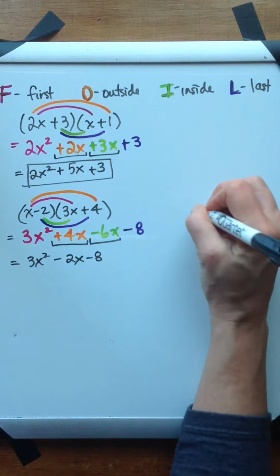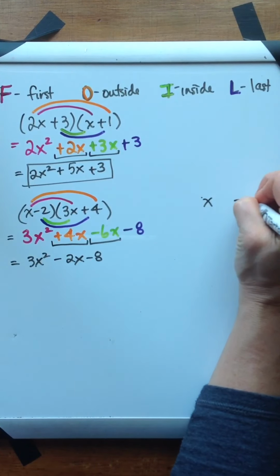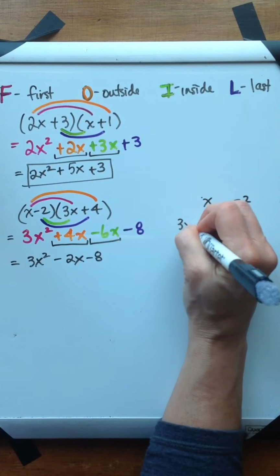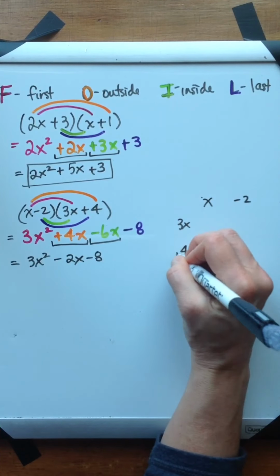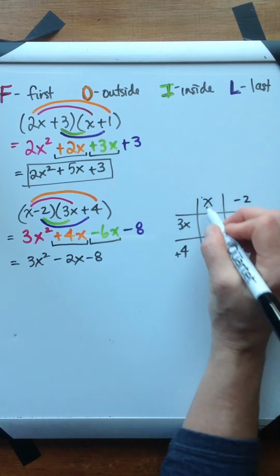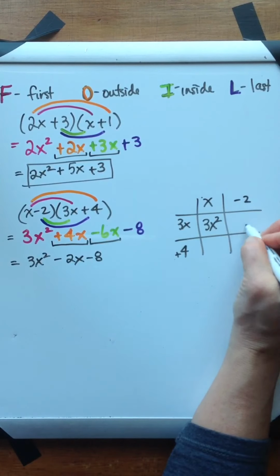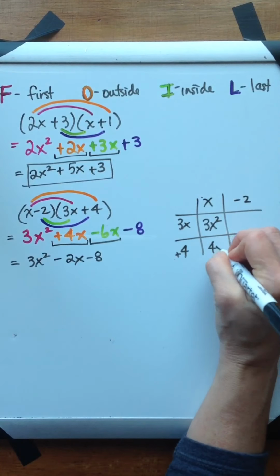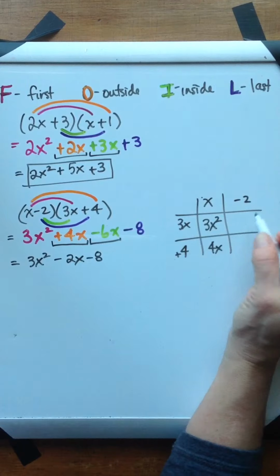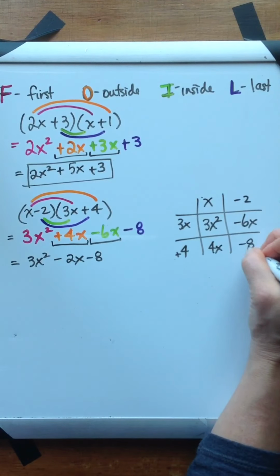Okay. Conversely, if you like the other way, there's nothing wrong with it. You can put an x here, and a negative 2, and a 3x, and a positive 4, and you can multiply them out as well. Okay. This box here gives me 3x squared. This box down here gives me 4x. This box over here gives me negative 6x, and this one gives me negative 8.